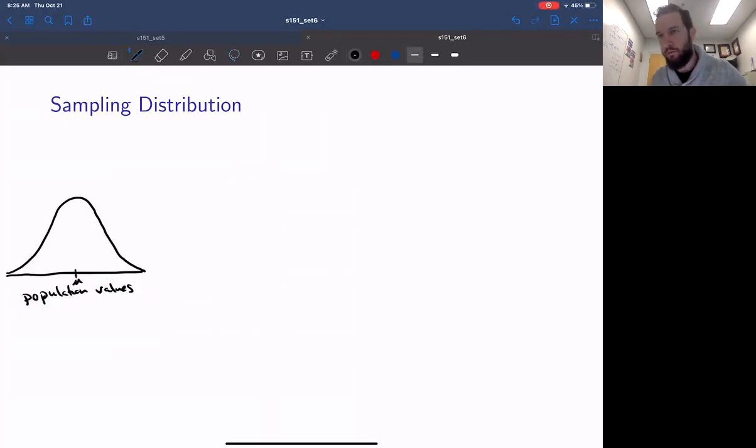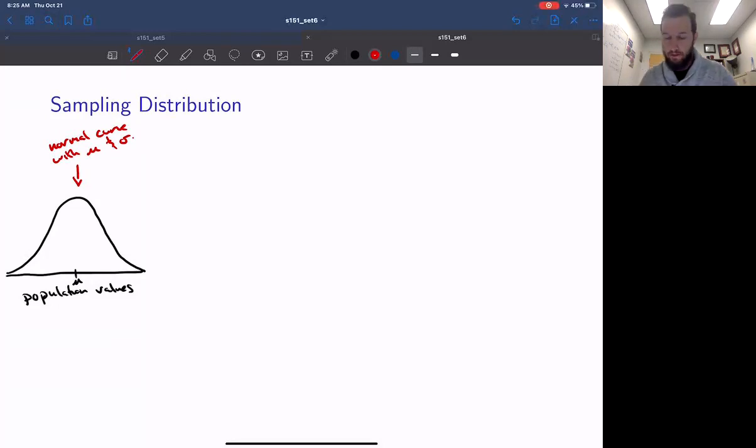We'll talk about a situation where things aren't normal a bit later, but let's just assume that this is my population distribution. This is a normal curve with mu and sigma. So the population that I am studying is normally distributed. It has a mean mu, and it has a standard deviation of sigma.